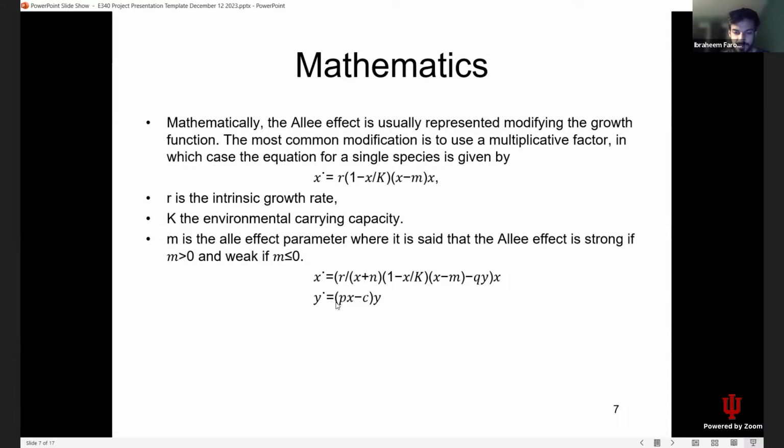This is the predation effectiveness for prey. This is the predation effectiveness for predators. This is the intrinsic decay rate of the predators, and then this is the modified growth rate, which, as we said, is still dependent on the intrinsic growth rate of the prey, but also now it's dependent on this Allee effect coefficient.